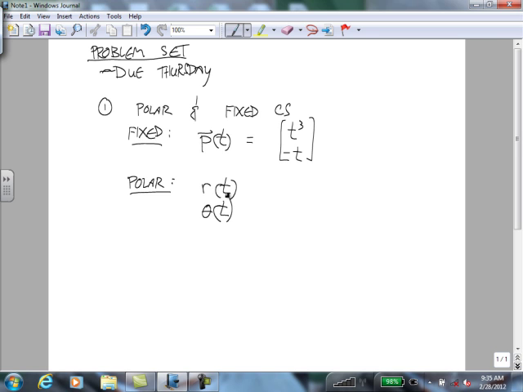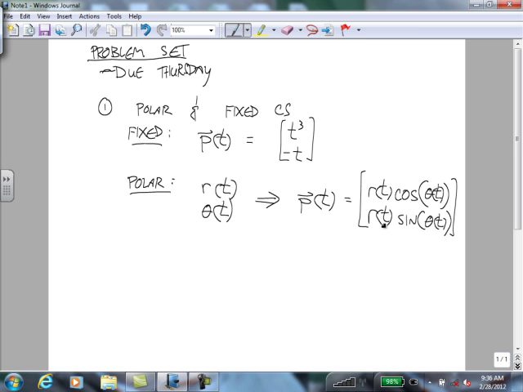So what you should do for number one is define your motion with r and theta as functions of time. Okay. And then you can just define your position vector as r cosine theta and r sine theta.